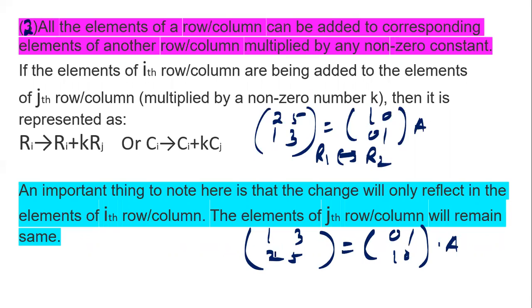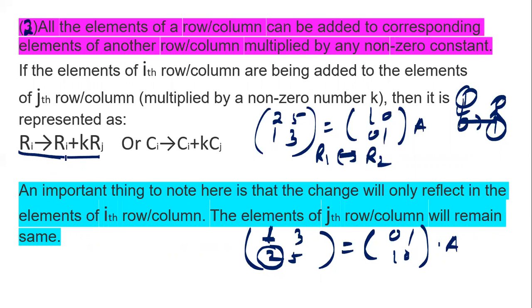Now my next step would be to make it 0, because this pattern should be in your mind: 1, 0, 1, 0. To make it 0, what can I do? I can apply this rule. I can multiply this number by 2 and subtract from R2.